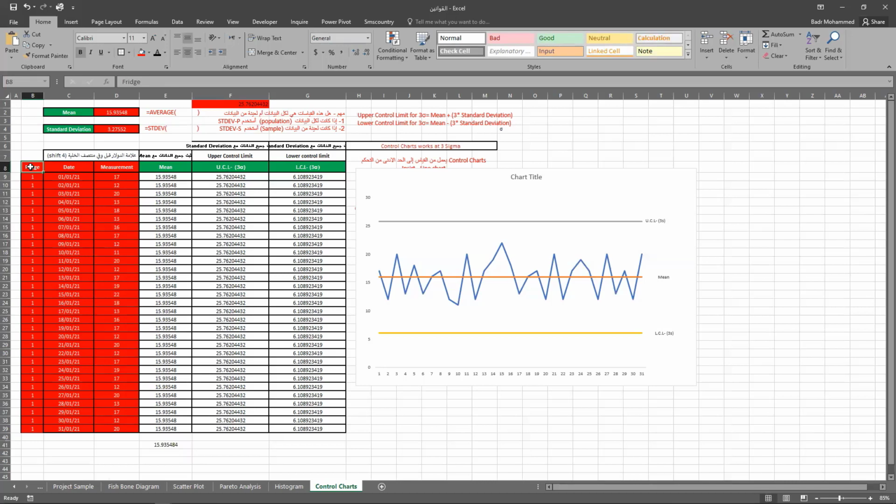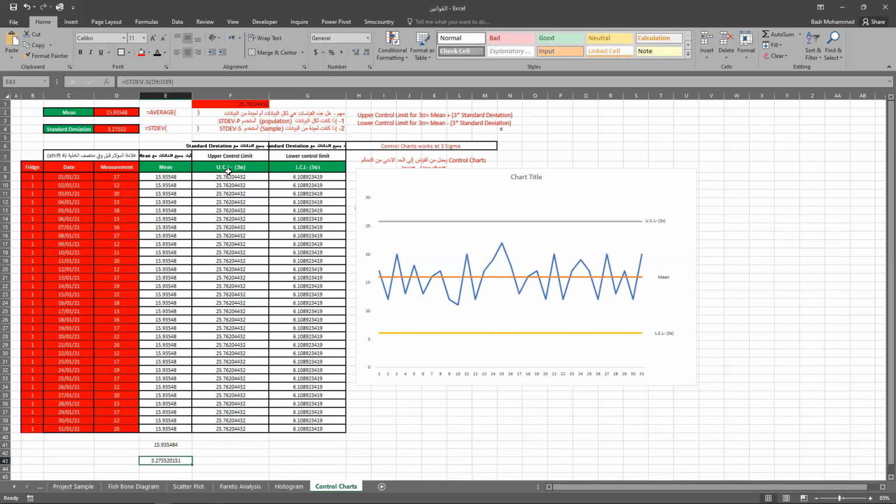We are not getting the temperature for all the fridges in our warehouse. We only took one, so we took a sample. So in order to calculate the standard deviation, we will use equal STDEV.S, which is the sampling version, for the whole of the data we have here. So this is the standard deviation we have.